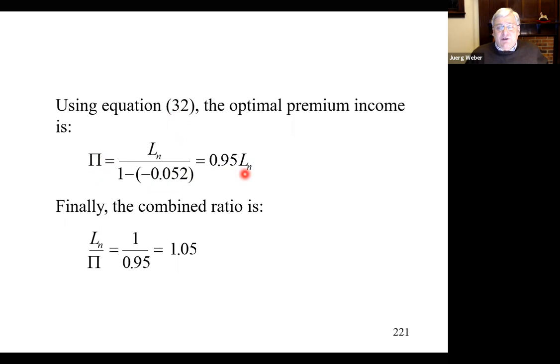Remember, LN is now the total expenses. You can rearrange this and get the combined ratio: LN divided by pi is more than 1. So the expenses are bigger than the premium income, and we have a loss on the underwriting business.